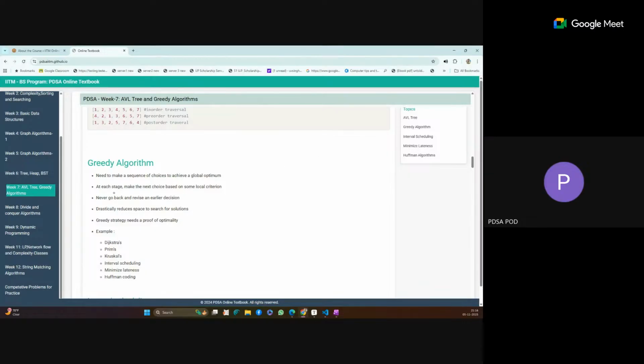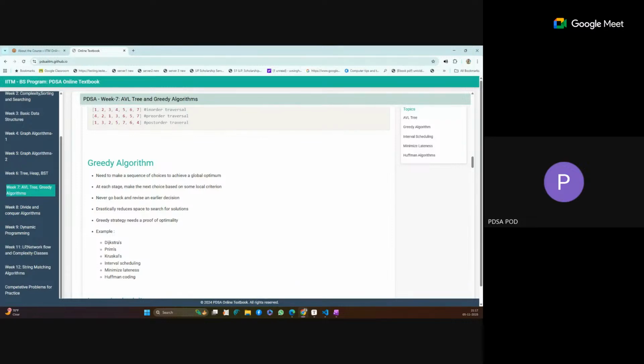This is just like the need to make a sequence of choices to achieve a global optimal. We have one problem and we are looking for the optimal solution for that problem, the complete optimal solution. But to solve that complete problem, we are taking small steps.